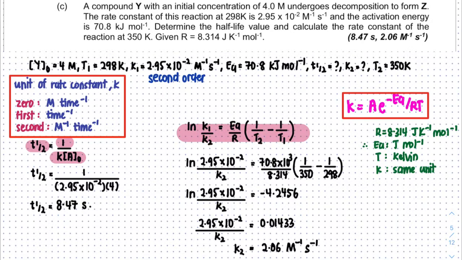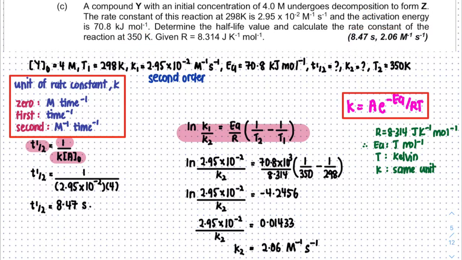Which one is k1 and T1 is up to you. For example, here at 298 K we get this k, so I denote this as T1 and k1. Then they ask, what is k when the temperature is 350 Kelvin? So this is my k2, this is my T2.